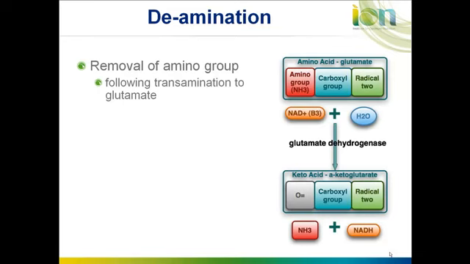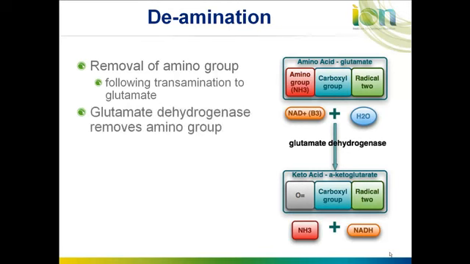So it loses its amino group and passes that across to alpha-ketoglutarate, you can see from the diagram there on the right, to form glutamic acid or glutamate, which is its base form.